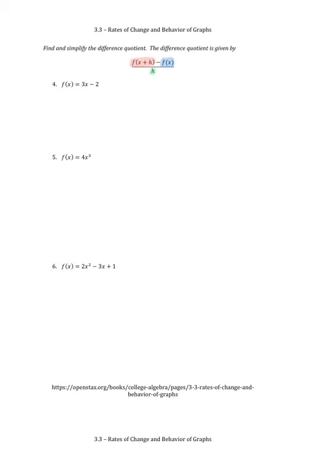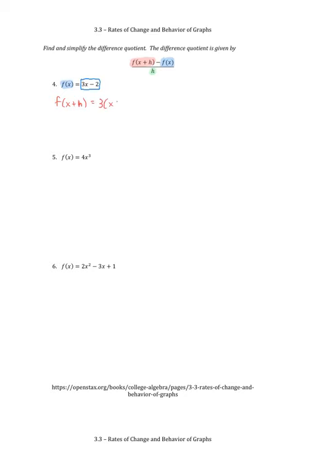You're given the f of x. F of x is given right here. So for f of x, you can plug in this. This is what's going to be plugged in to f of x. Now we need to find f of x plus h, the red. We do not have that, but we can find it if we plug in x plus h everywhere where there's an x in the given function.